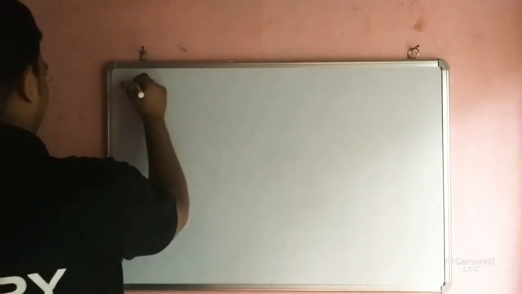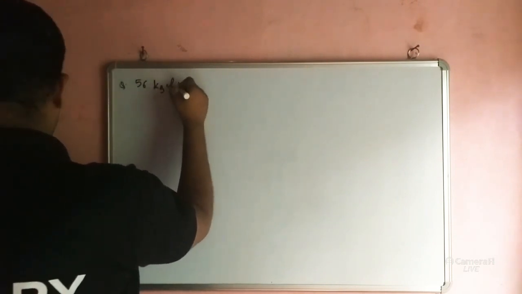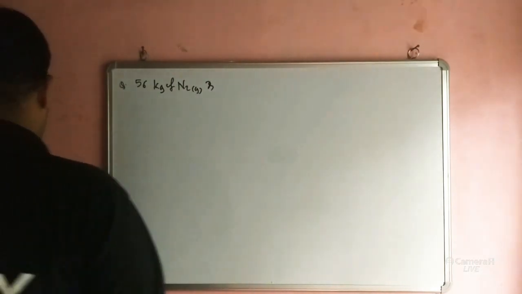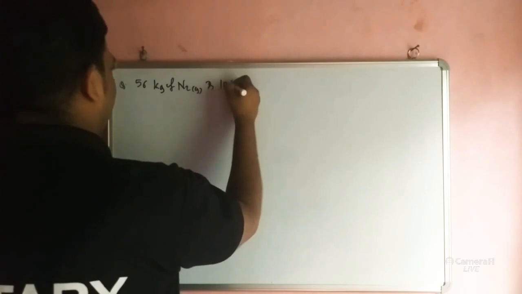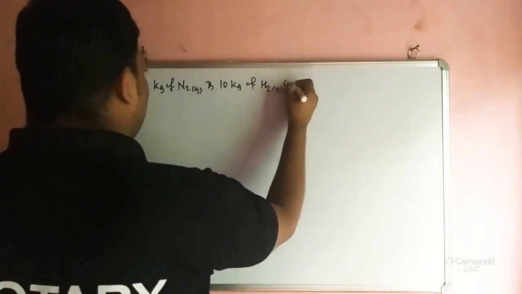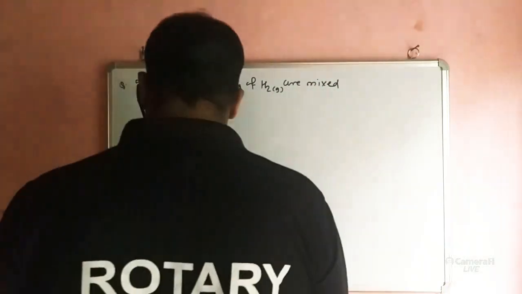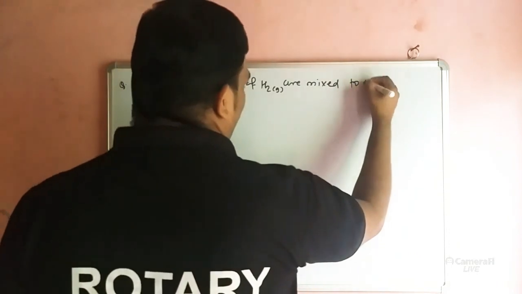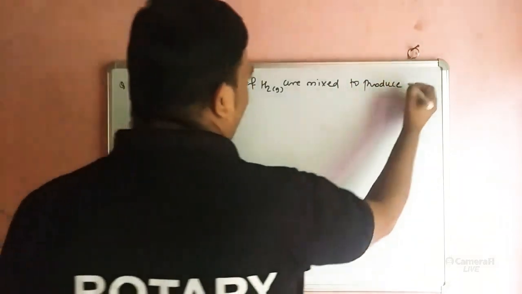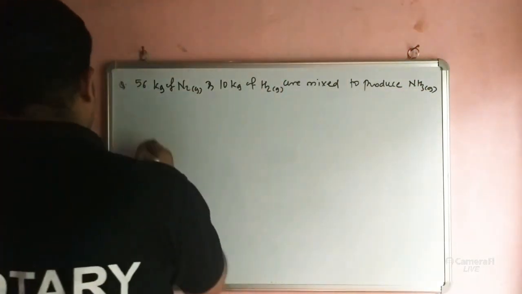Your question: 56 kg of N2 gas and 10 kg of H2 gas are mixed to produce ammonia gas.